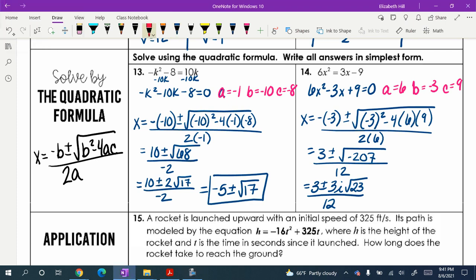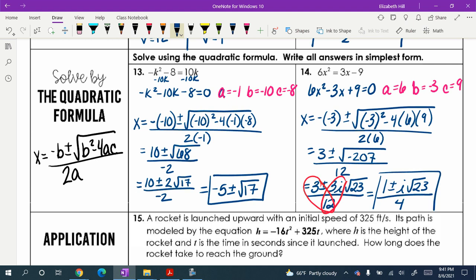And I can simplify that square root of -207 to 3i square root of 23. And then now I can simplify 3/12 for both of those. And we should get 3 over 12, so that's going to give us 1/4 there. So 1 plus or minus i square root of 23 all over 4. And there you got it.